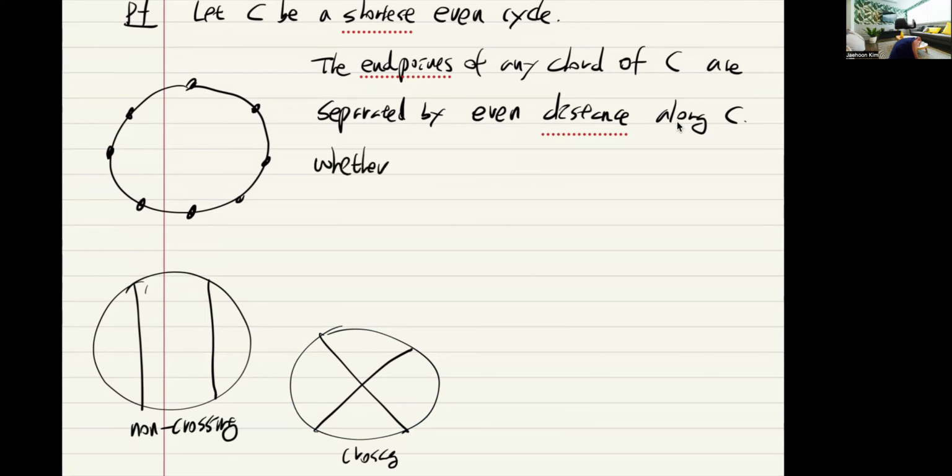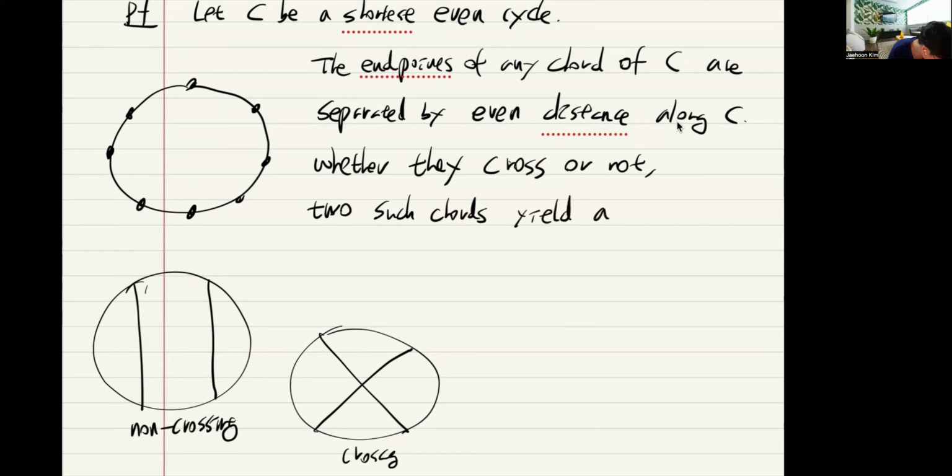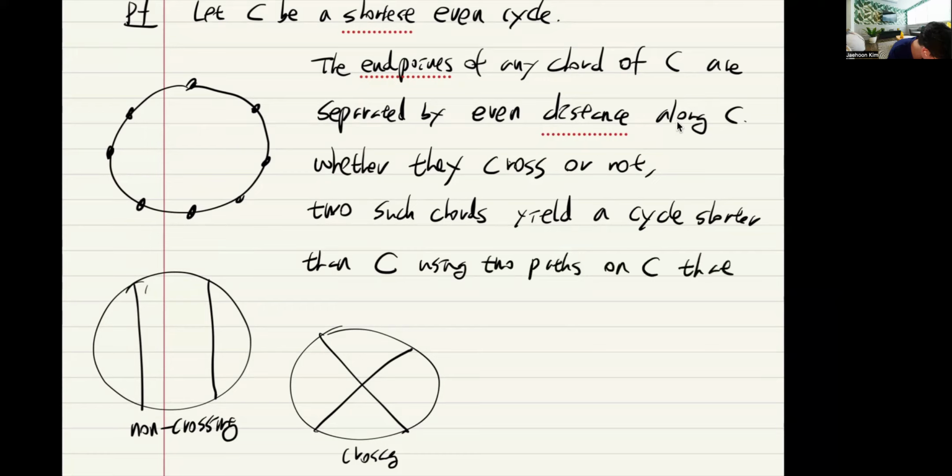And whether they cross or not, two such chords will give a cycle shorter than C, using two paths on C that have equal parity.